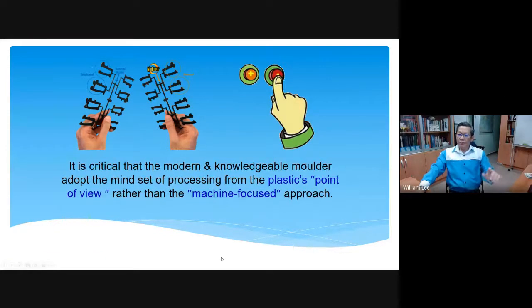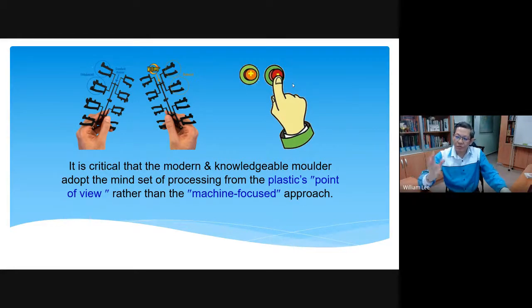So it is very important that the modern and knowledgeable molder adopts the mindset of processing from the material or plastic point of view rather than the machine-focused approach. Now, what is the difference? Machine-focused approach means that you set the data into the machine. You command the machine to heat up your plastic.